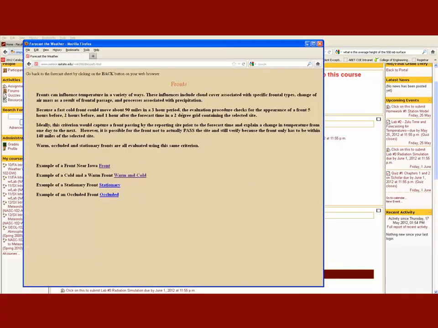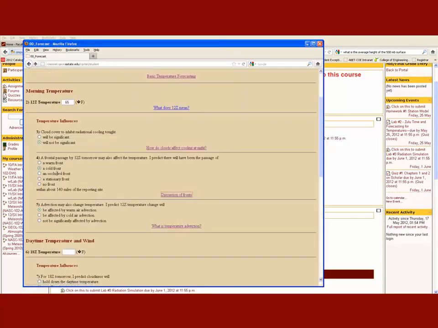So it will check for the appearance of a front 5 hours before, which, since we're forecasting for 18Z, would be 13Z, 16Z, and then 19Z. If there's a front within the confines of Iowa at any of these times, then the program will verify a front as present.